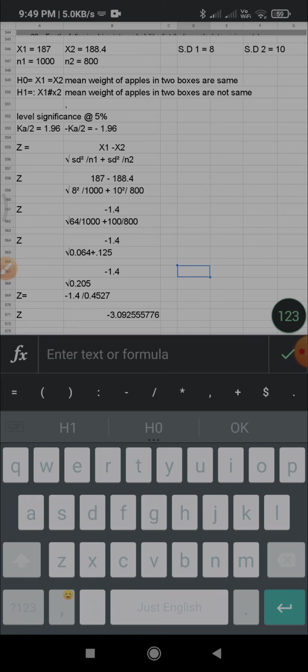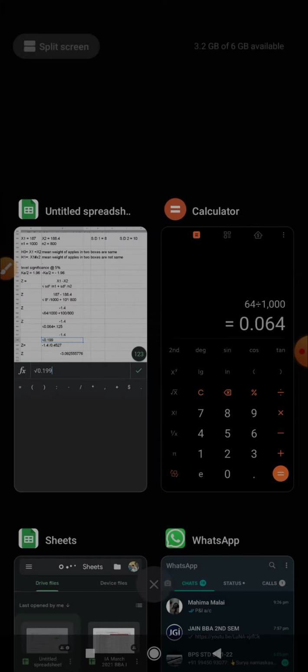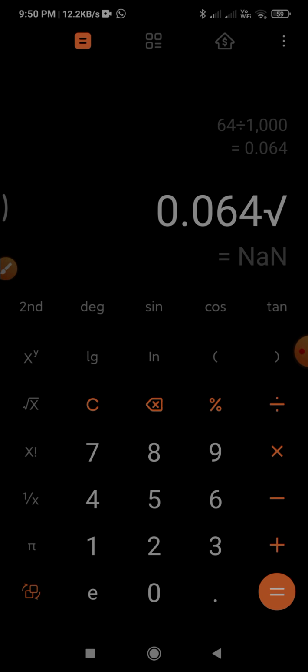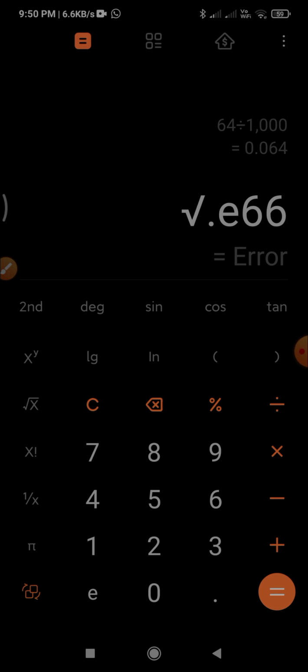Next, 0.064 plus 0.125. So the answer is 0.199, because 12 plus 6 is 18 and 5 plus 4 is 9. So the answer is square root of 0.199.